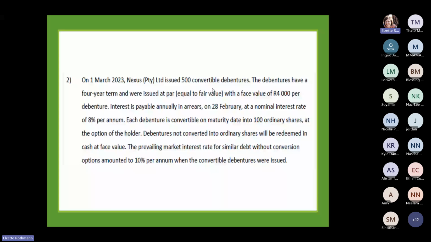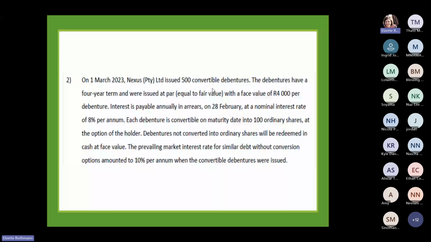Interest is payable annually in arrears on the 28th of Feb at a nominal interest rate of 8% per annum. Each debenture is convertible on maturity date into 100 ordinary shares at the option of the holder. Okay, that's very important, that it is at the option of the holder. And the debentures not converted into ordinary shares will be redeemed in cash at face value.